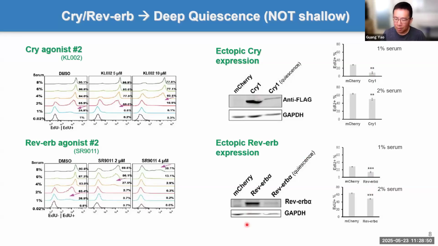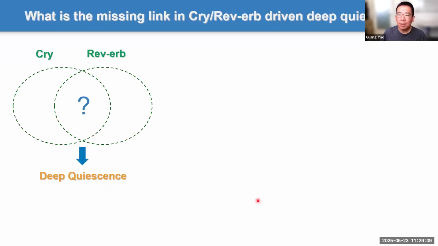So through both the agonists and direct overexpression of either activator, we saw cells go deeper into quiescence. Again, that's very different from what we expected. So what's going on? We don't know. The only thing we understand is that there's a missing link there.